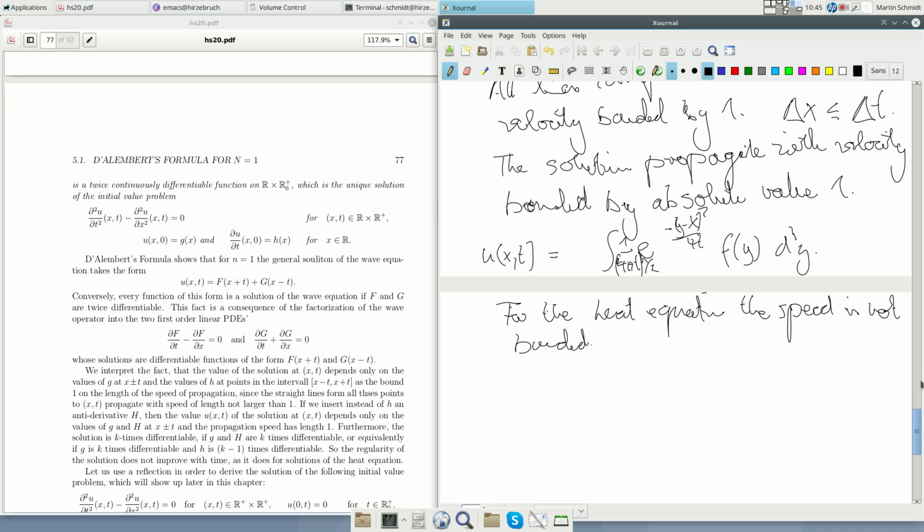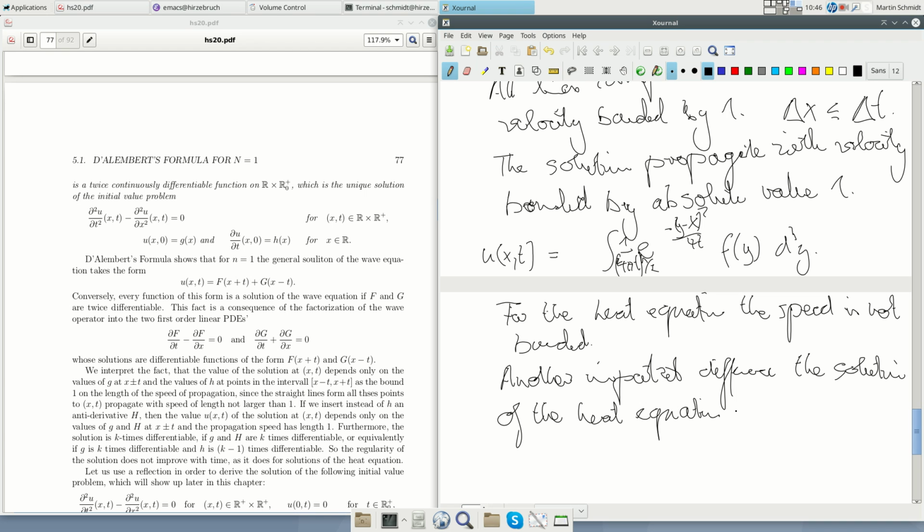And another important difference is, yeah, the solutions of the heat equation, they are smooth and even analytic for all initial values.